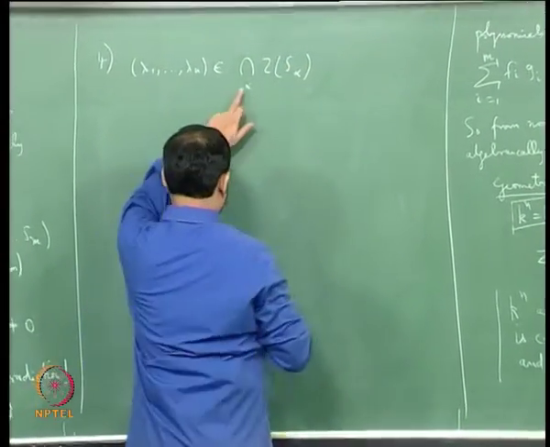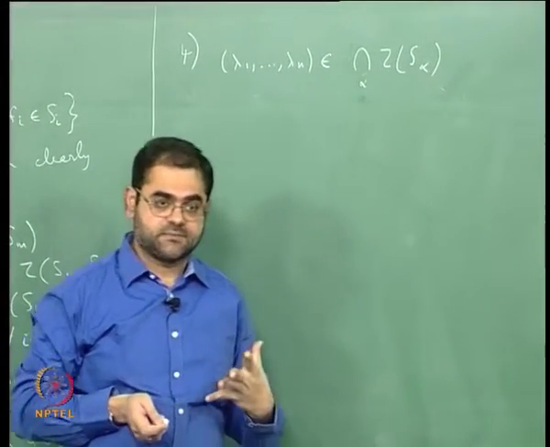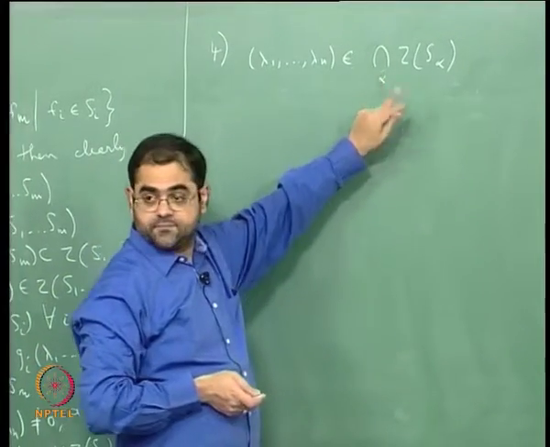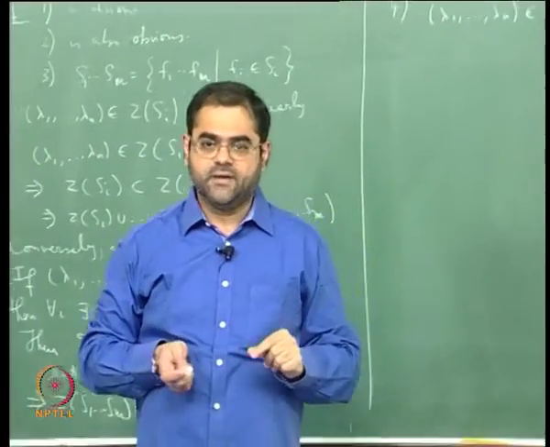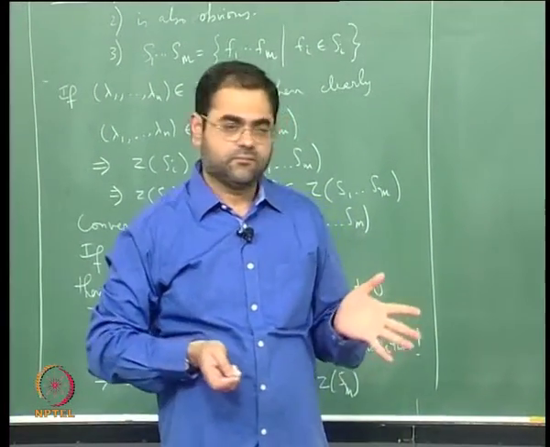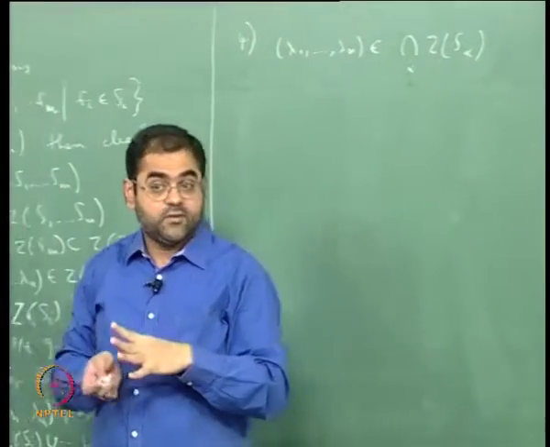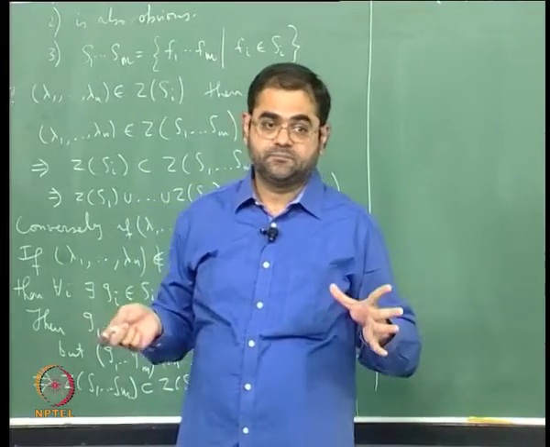Here you are assuming that S alpha is a collection of subsets of the polynomial ring, and alpha varies over some indexing set. There is no restriction on the indexing set; it need not be finite, it could be infinite.